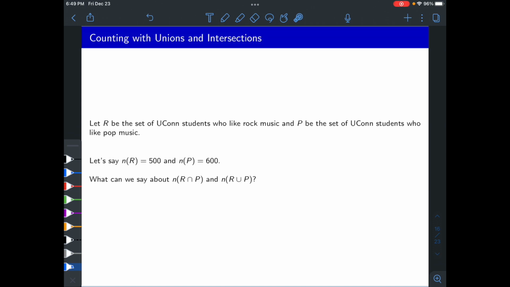What can we say about the number of students that like rock and pop, and the number of students that like rock or pop? This is the number of students in R intersect P and R union P. So this is rock and pop. This is rock or pop. So just visually again, R, P, 500 here, we have 600 here.